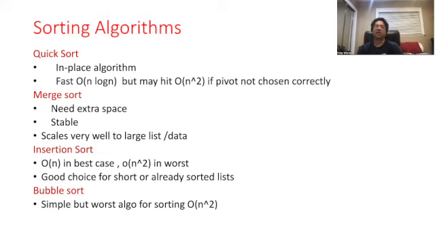In that case, insertion sort is used, and it gives order of n in the best case, but in the worst case, it is order of n square. The previous two algorithms, merge and quick sort, are both order of n log n. Bubble sort is not a very good algorithm for sorting, but it's a simple algorithm, probably not to be used in professional products or anything very important.